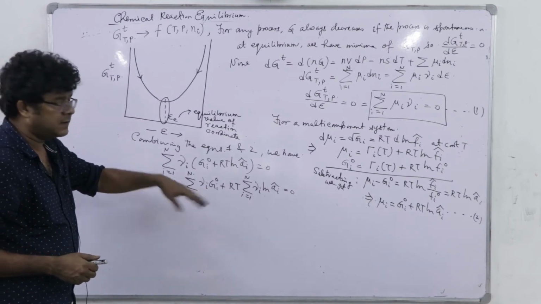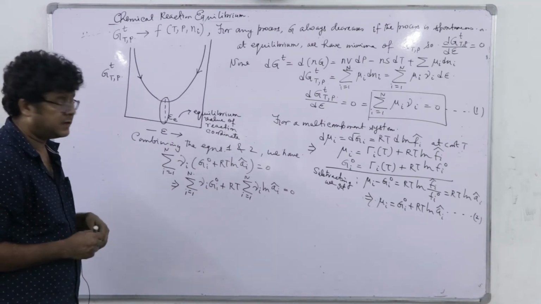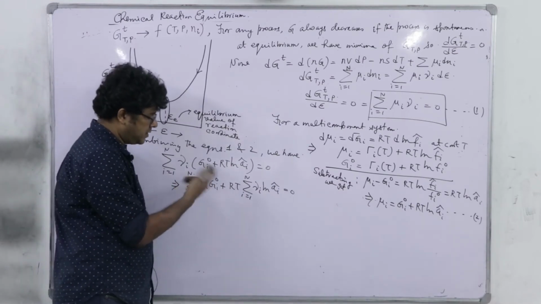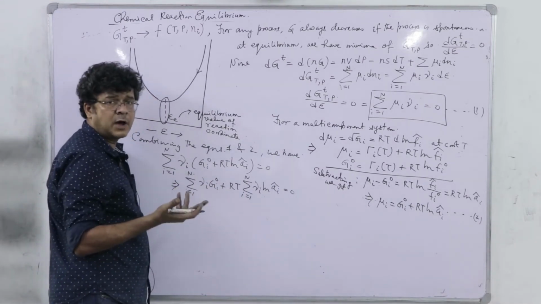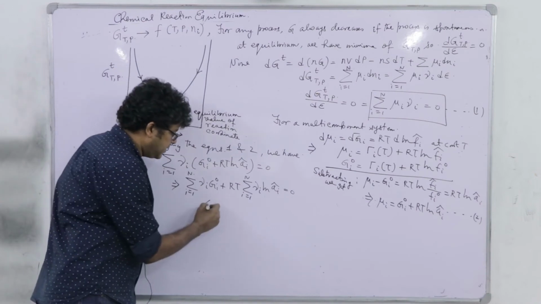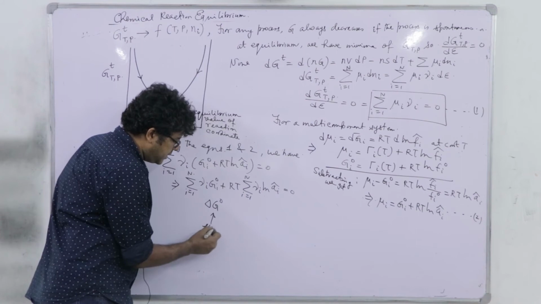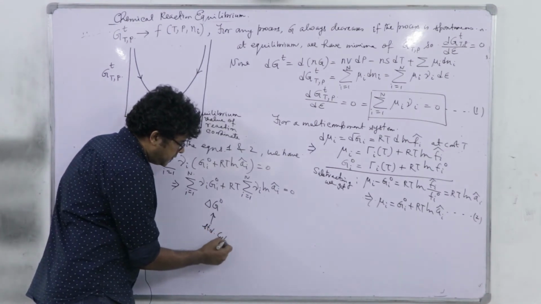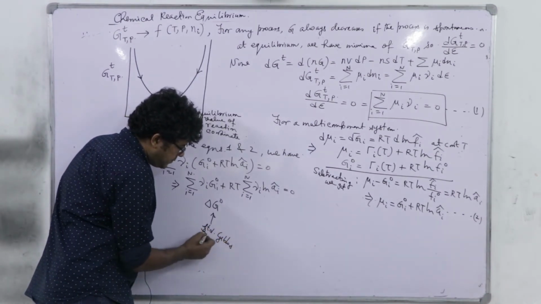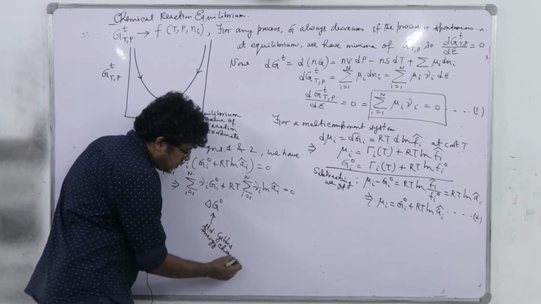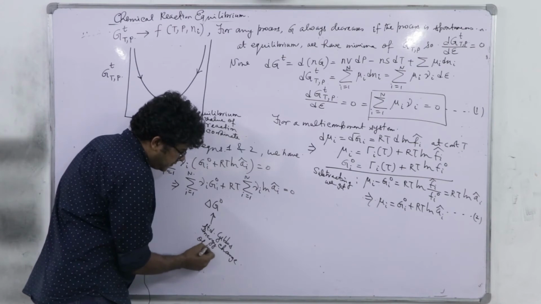So this is the change of the standard Gibbs energy, because the term in the summation should be positive for product and negative for the reactant. So we can write it delta G naught, the standard Gibbs energy change of the system.